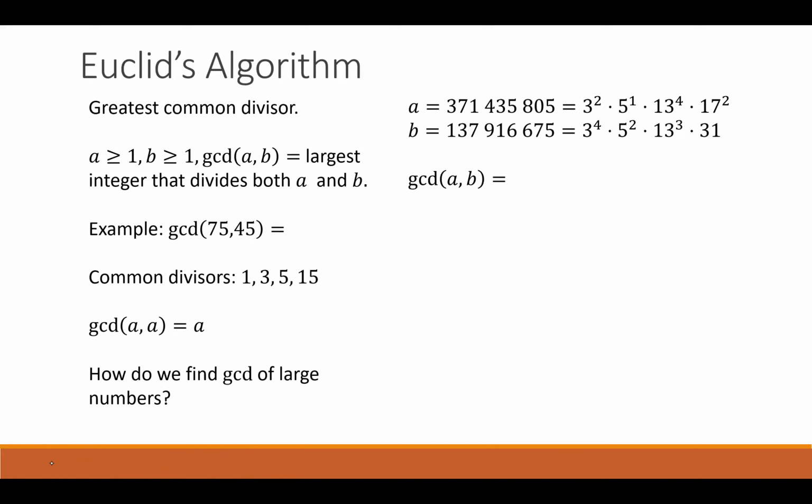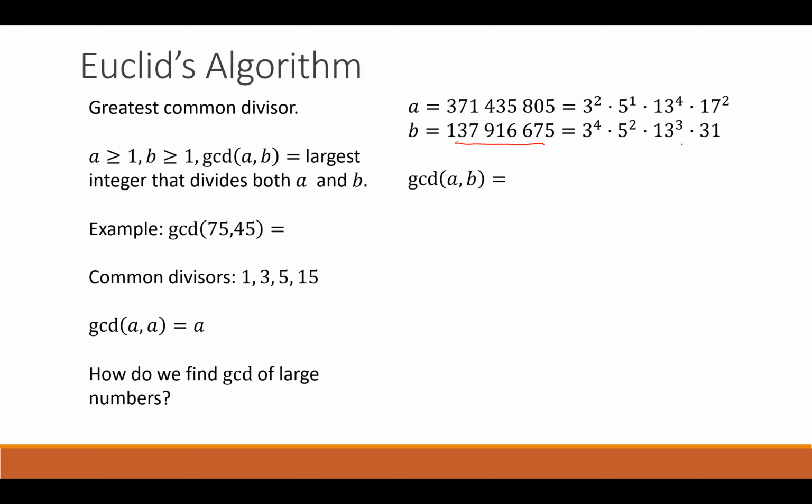So I can reduce it down to the root factors, which are all prime numbers. I can write this number as 3 squared times 5 to the 1 times 13 to the 4 times 17 to the 2. That means I can divide it by 13 4 times, I can divide it by 17 twice, etc. And then I can write down the prime factorization of this number.